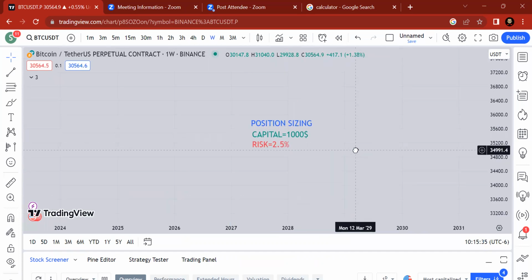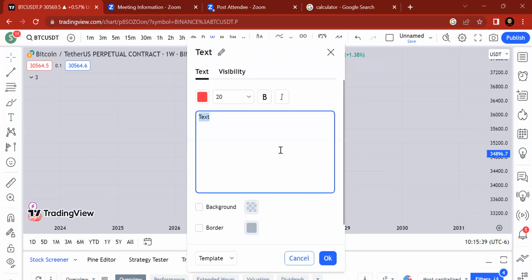So now the first step is, step one: calculate your risk according to your portfolio.